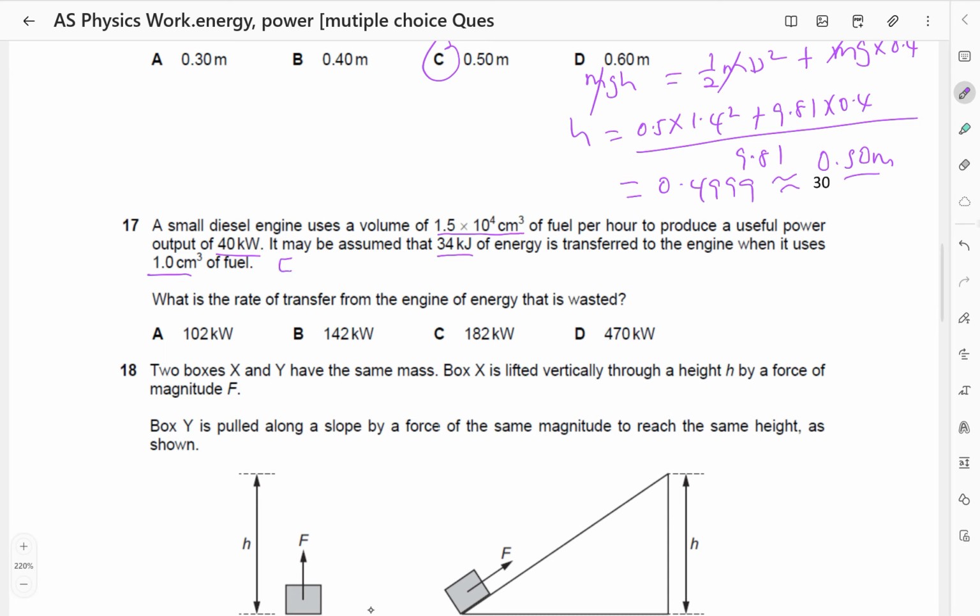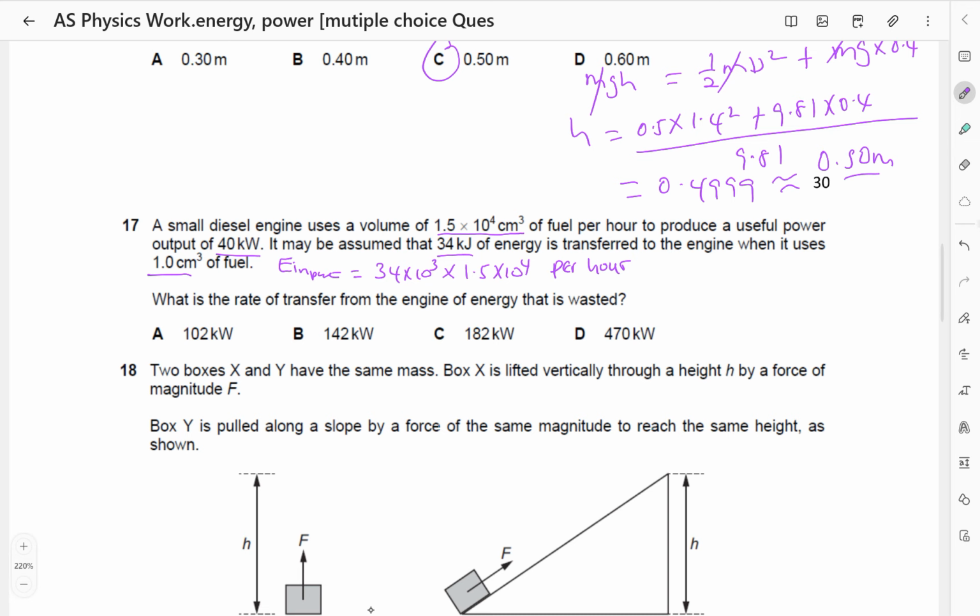So let's first find the energy input. Because they said 34 kilojoules, that is 34 times 10 power 3, is transferred to the engine when it uses 1 centimeter cubed of fuel. But in 1 hour, it is going to use 1.5 times 10 power 4 centimeters cubed. That is the energy input per hour.